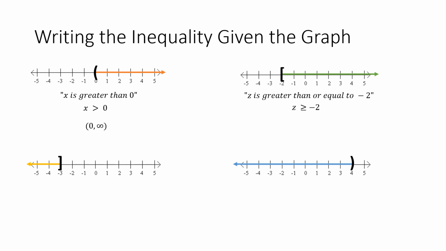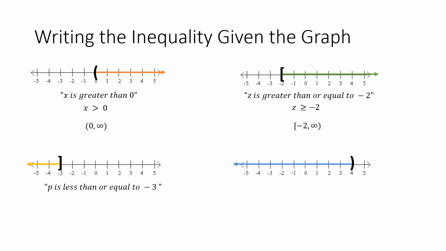Now, when we want to write it in interval notation, we're going to start at that -2 and have a bracket next to that -2, but then it goes to positive infinity again, and so then we'll have parentheses after that infinity symbol. All right, let's look at the yellow line. We have a bracket at -3, and so that means that -3 is going to be a solution to this inequality. This time our line's going to the left of -3, so it's smaller than.